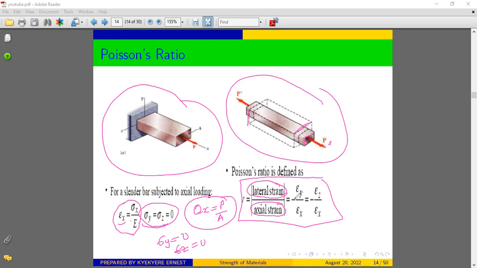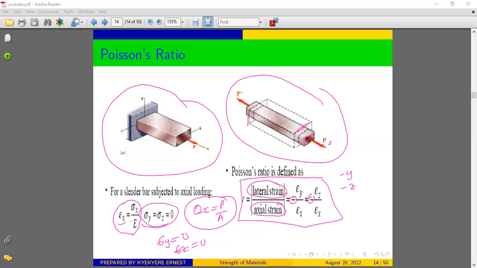From this equation, you are seeing that we have a negative sign there. The negative sign is because there is a reduction in the y-axis. There's a contraction in the y-axis and also a contraction in the z-axis. And so that is why you are seeing the minus sign there.